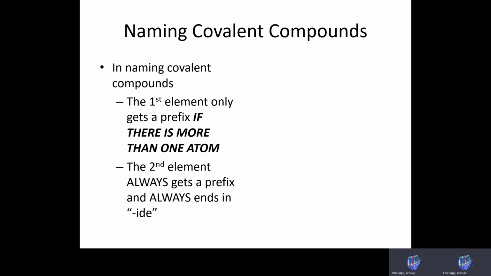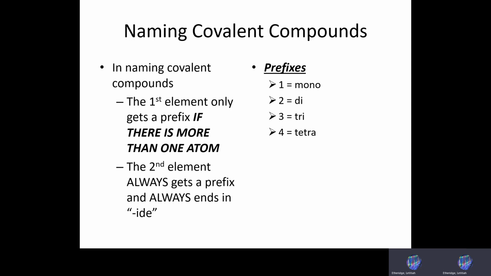Now you're probably like, what are these prefixes? So let's go through them. The prefix for 1 is going to be mono, the prefix for 2 is going to be di. The prefix for 3 is going to be tri. The prefix for 4 should look very familiar from our Lewis dot structures, right?